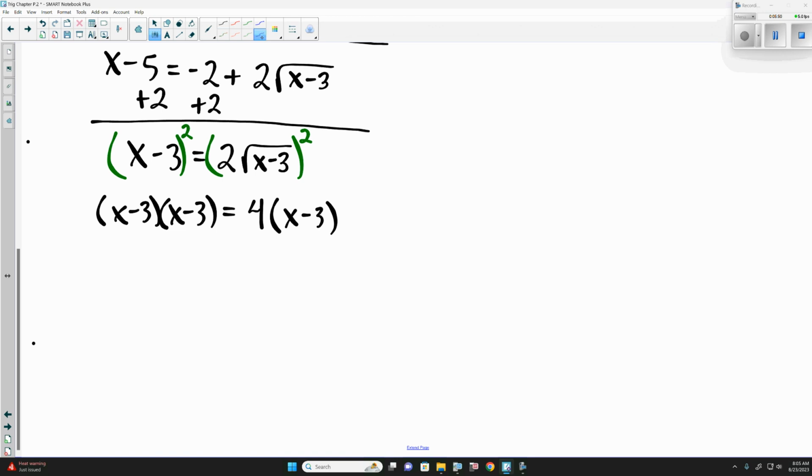You do not have to write this. I'm just wanting to explain how we get to this here, squaring it, because it seems a little arbitrary. Why did we just square both terms on the right-hand side but not on the left? On the right-hand side, we are saying 2 times the square root of x minus 3 is being multiplied by itself. So we have this here.